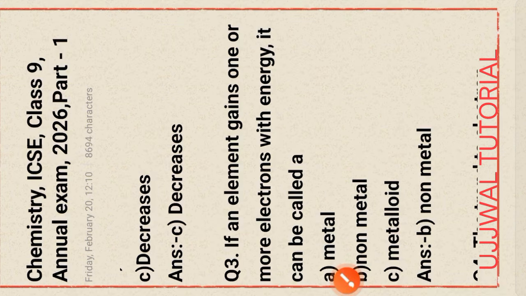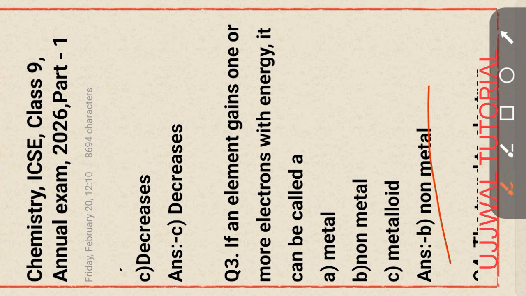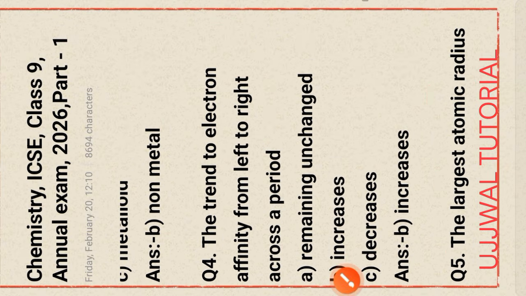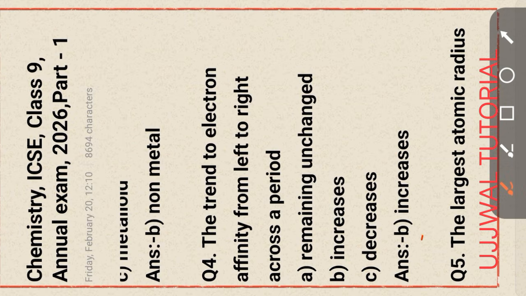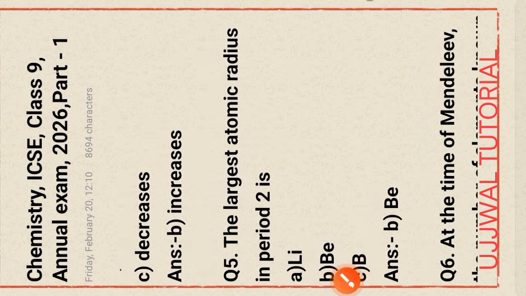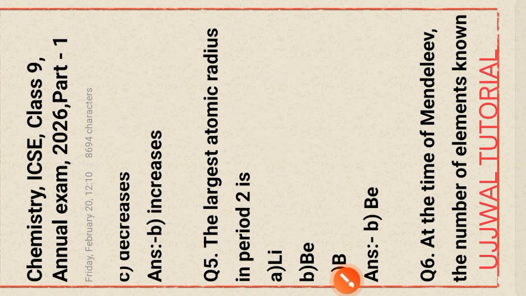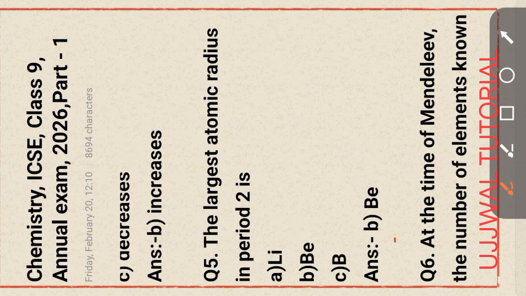If an element gains one or more electrons with energy, it can be called a non-metal. The electron affinity from left to right across a period increases. The largest atomic radius in period 2 is Be, beryllium.